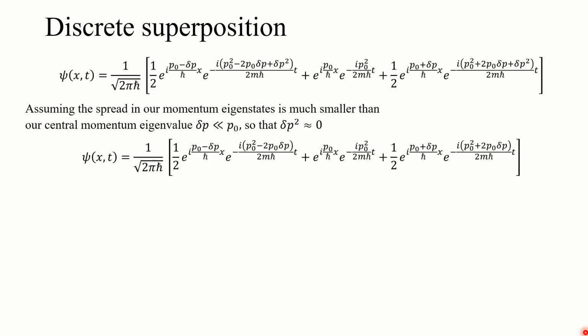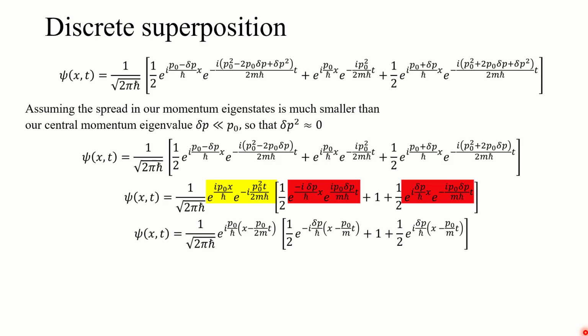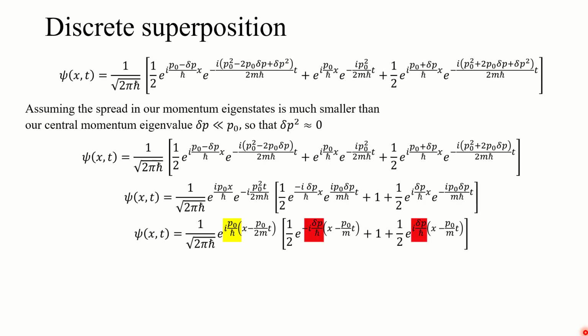Now that we have it written like this, we can do some simplification and factoring. If we factor out this term in the middle here, we end up with this, right, is what's left. And this can be simplified by noticing that we can take the term outside the brackets and simplify that exponent, and likewise the exponents inside the bracket, just by factoring out a p naught over h bar outside the brackets, and inside those square brackets a delta p over h bar to get this.